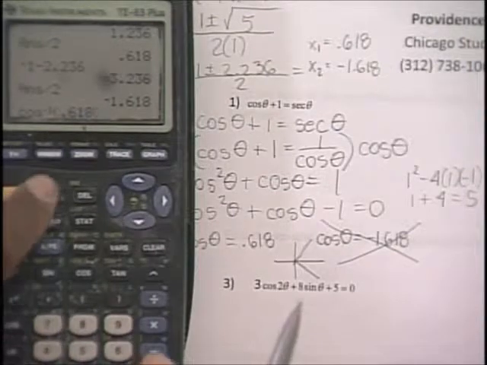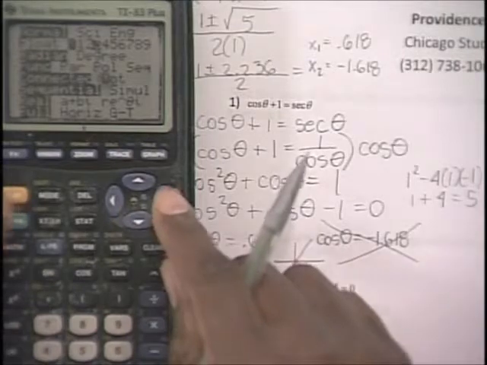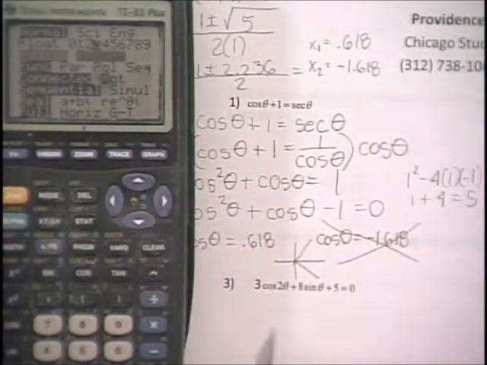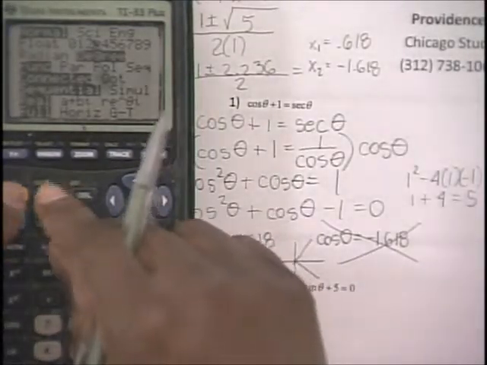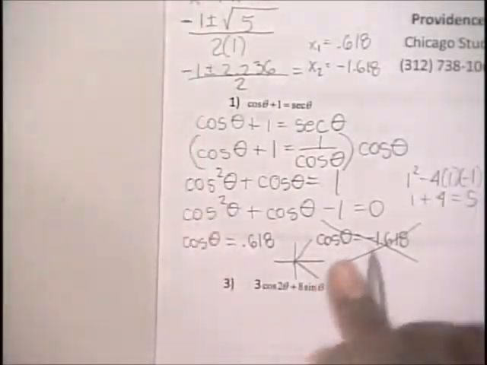Arc cosine of 0.618. Let's put the calculator in degree mode here, and quit out of that. So we have arc cosine of 0.618. We get 51.83 degrees.